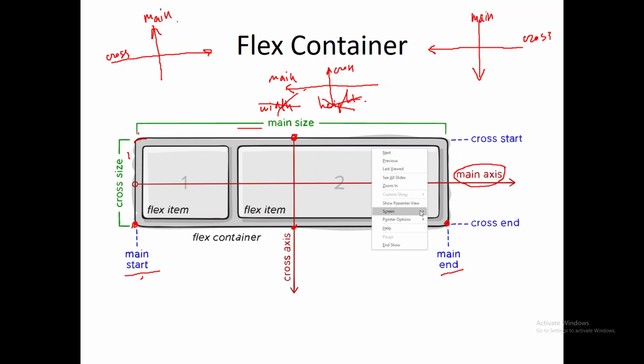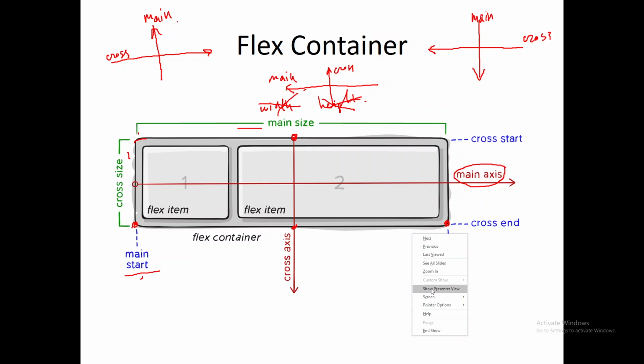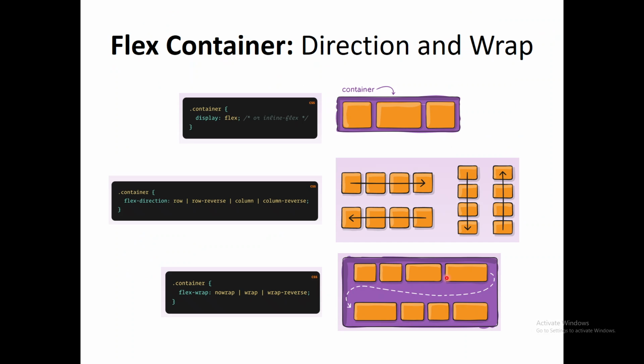We're going to understand how to set the direction of our Flexbox. First of all, how can we convert a given block element into a Flexbox, a flex container?